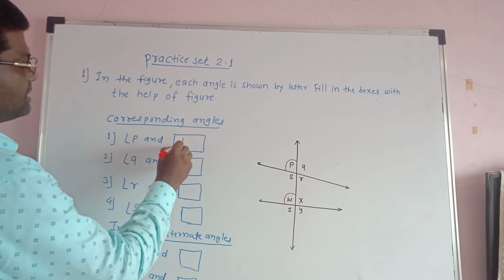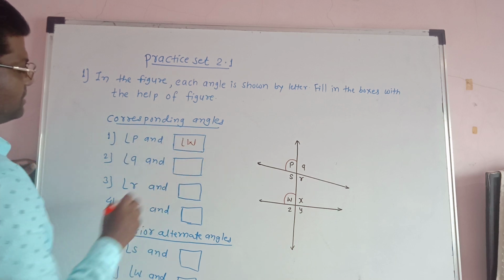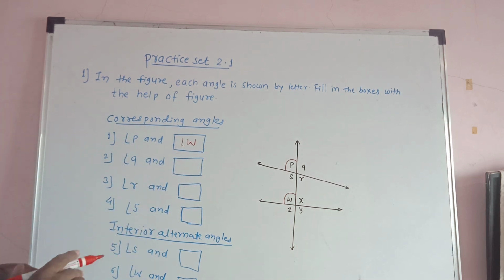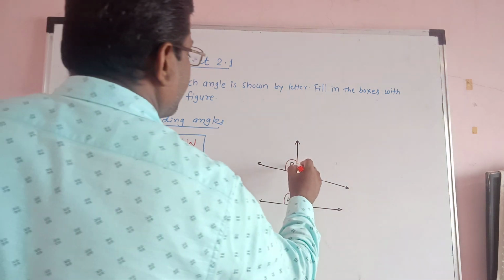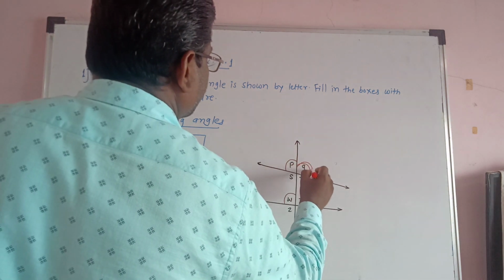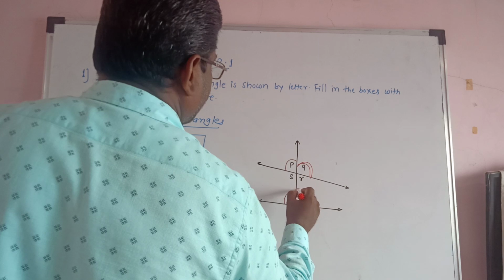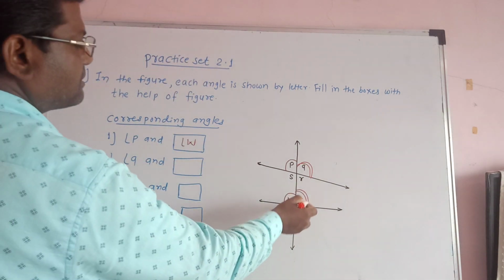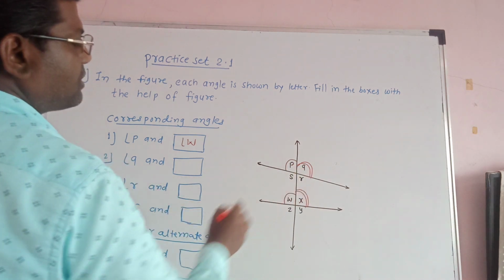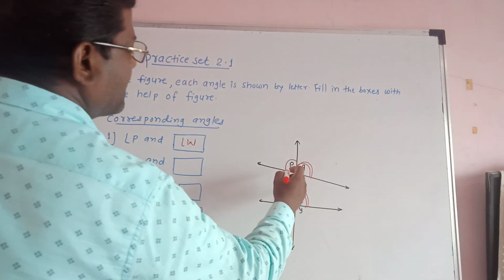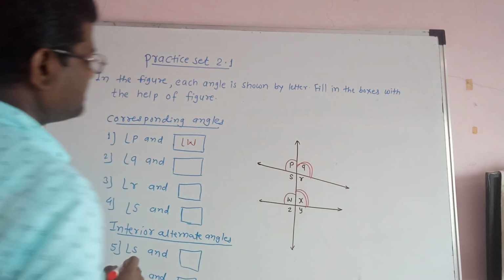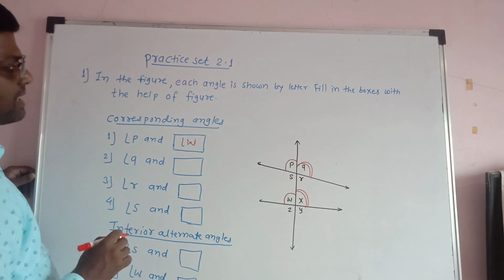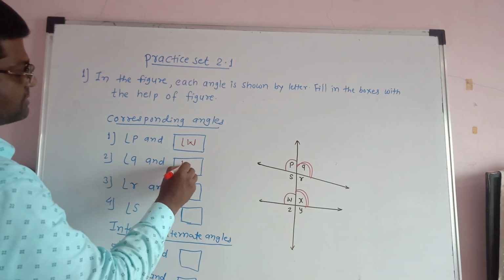Therefore, here will be angle W. Angle Q and angle X, angles on the upward side of the given lines and to the right of the transversal.